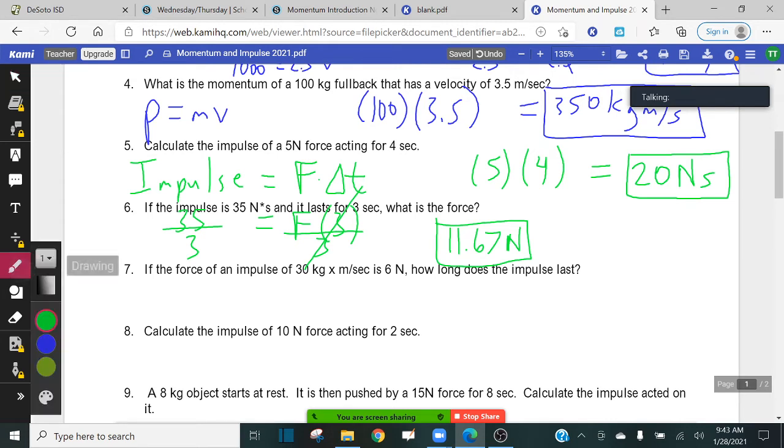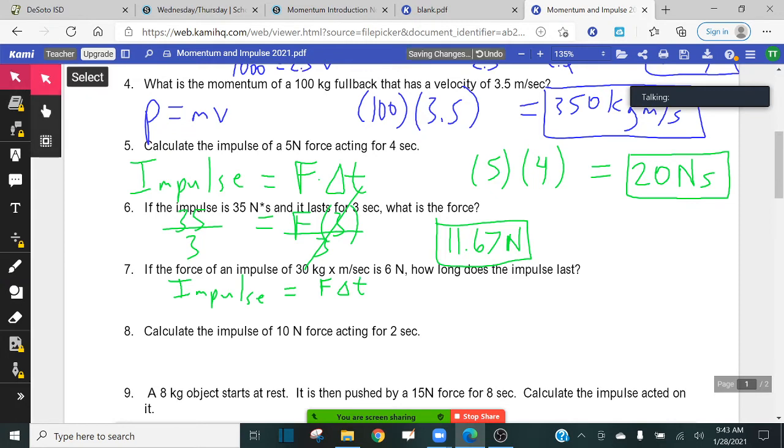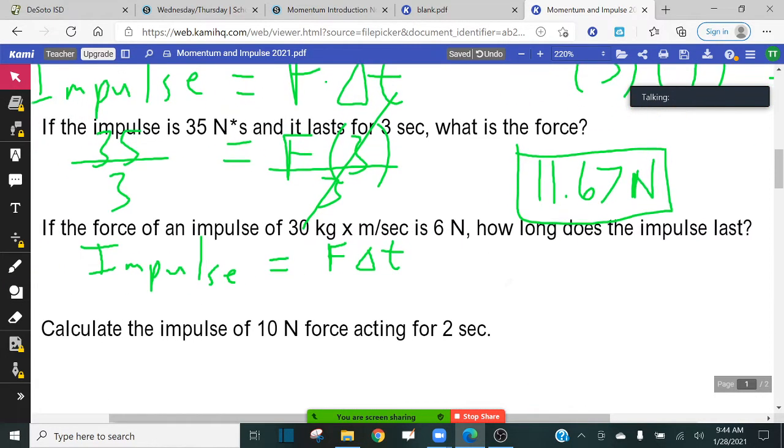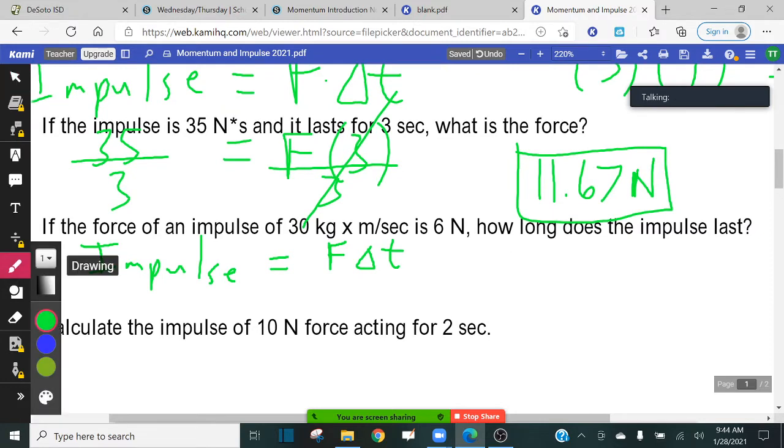Okay. So let's write our equation for impulse. Force times time. Okay. So here they tell us that the impulse is 30.